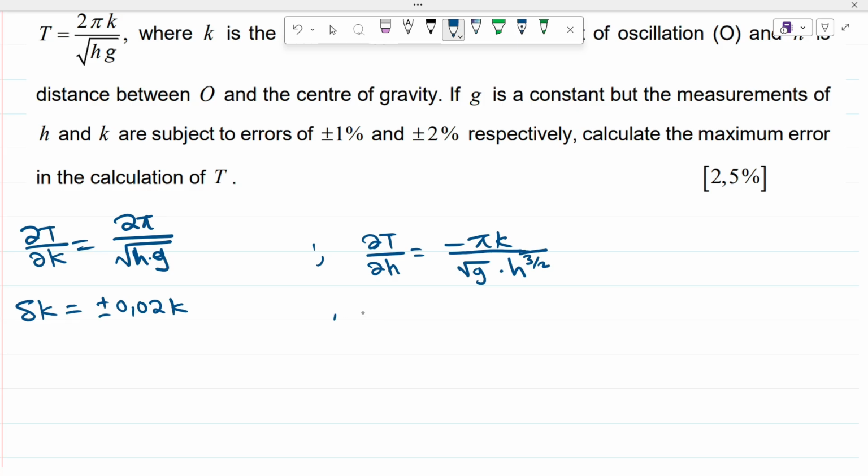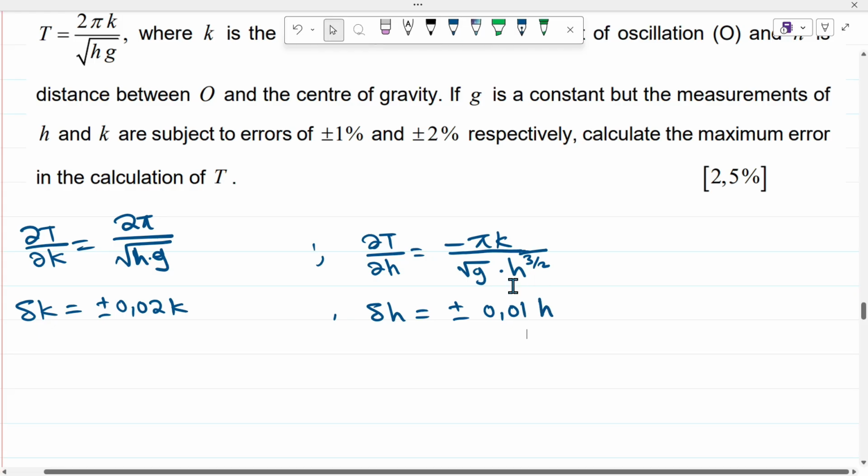That's the change. And then the percentage change in h is plus minus what? 0.01 h. So this is the change, and this is the change of that, right?